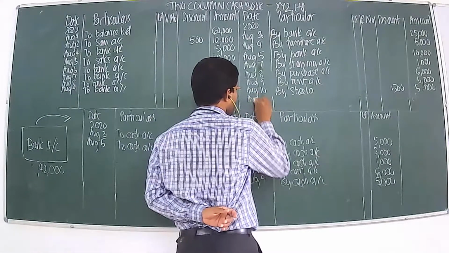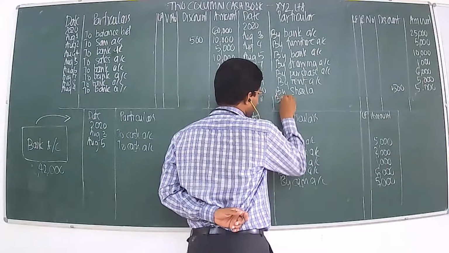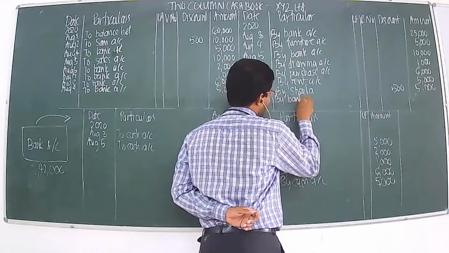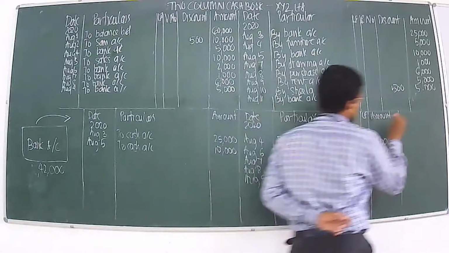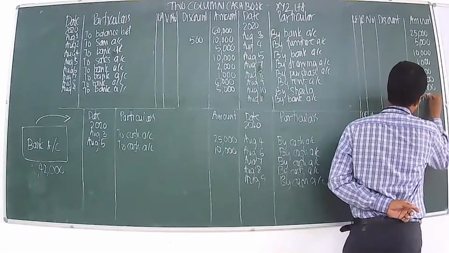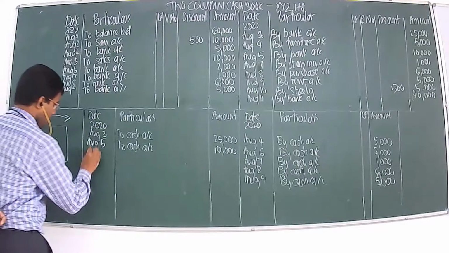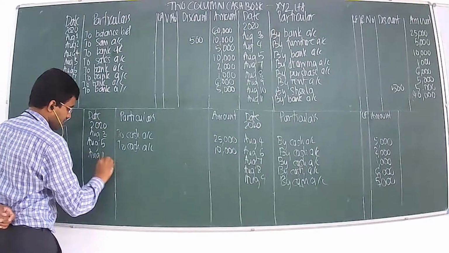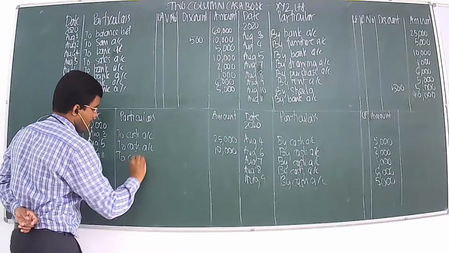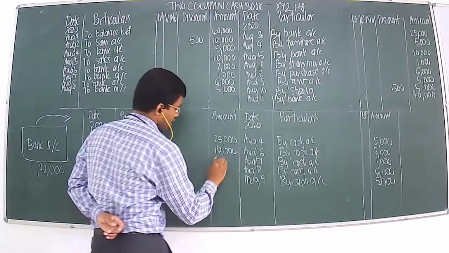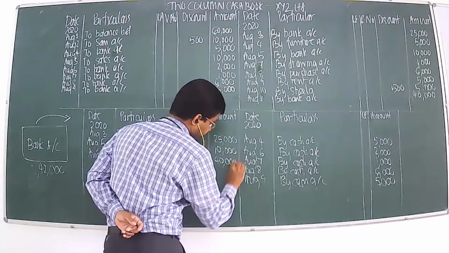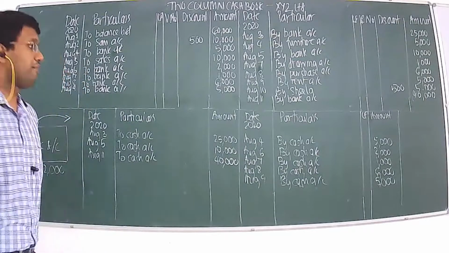So August 11th, by bank account, amount is 40,000. And on August 11th, to cash account, 40,000.